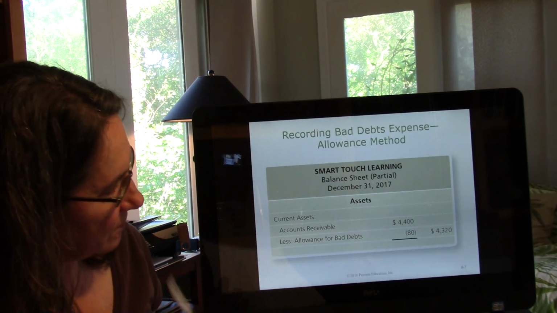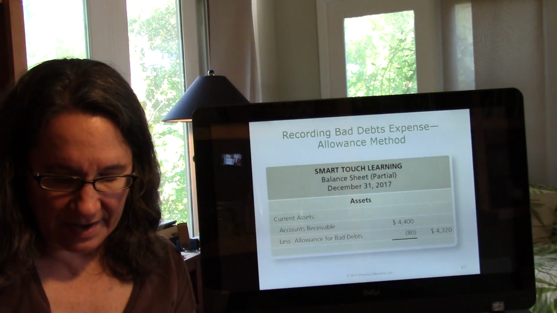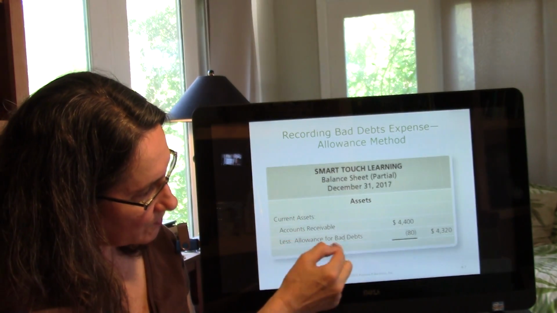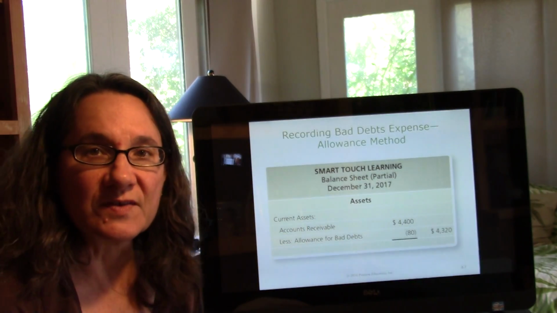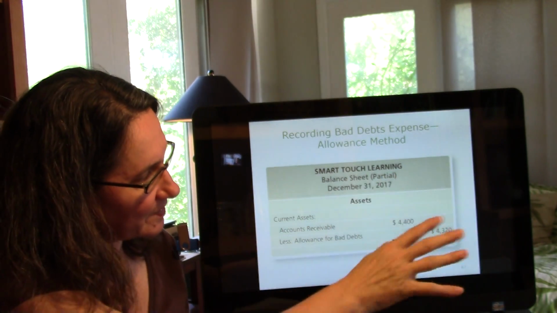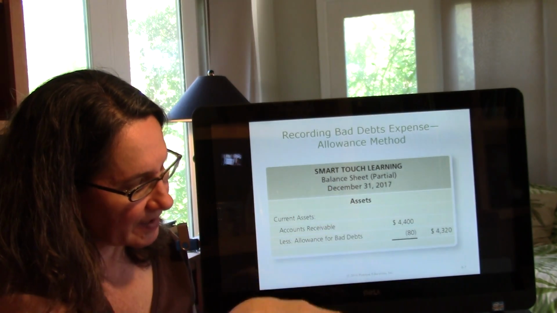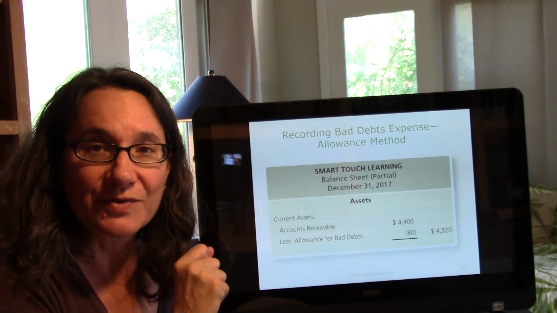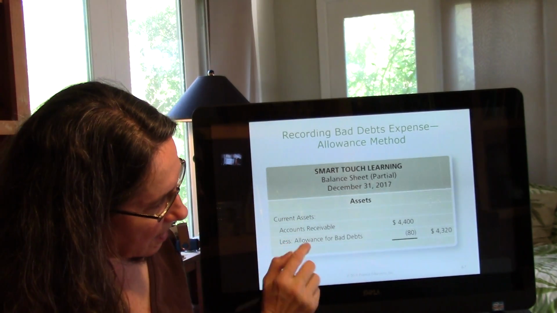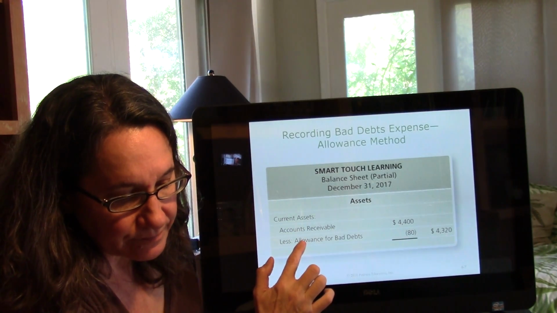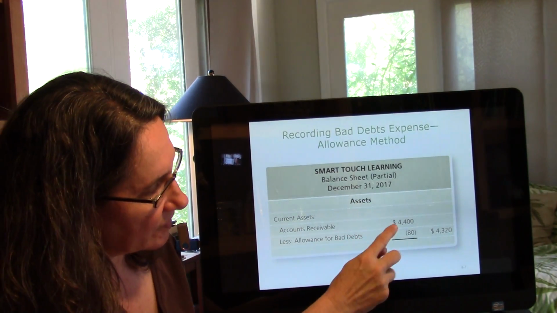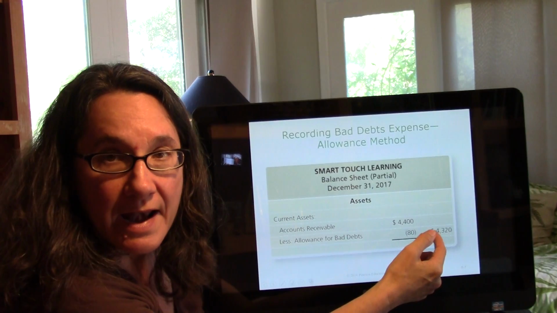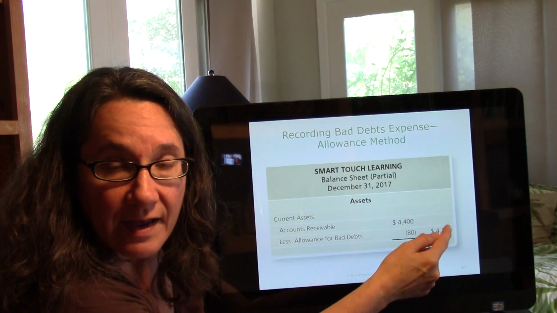All right, so what will happen now is on the balance sheet, this is just the portion for accounts receivable. You know on the balance sheet there'd be current assets, plant assets, liabilities, right? This is just the receivables part. And of course cash would be before receivables. So on the balance sheet when you have this allowance, you put down your accounts receivable, then you put down less allowance for bad debts, and then you write your net realizable value out next to that.